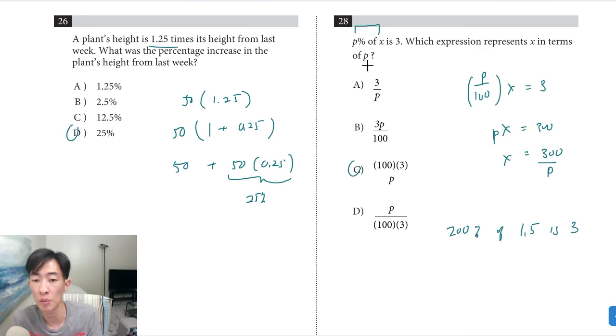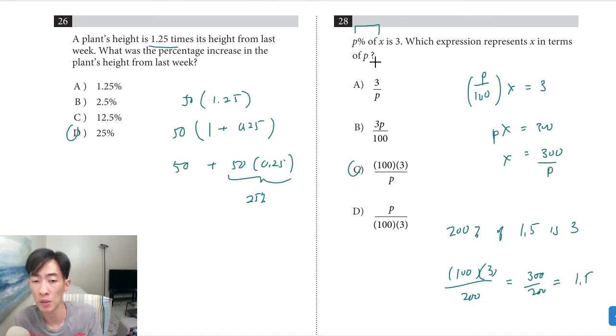When you plug these numbers in, you're going to get 1.5. Just to show you that real quick, I'll use choice C. It's 100 times 3 divided by 200. So that's 300 over 200 equals 1.5. And that's how you know you're right.